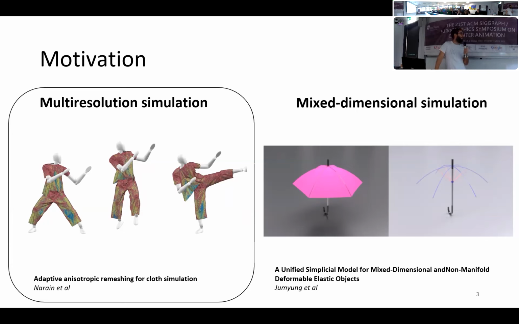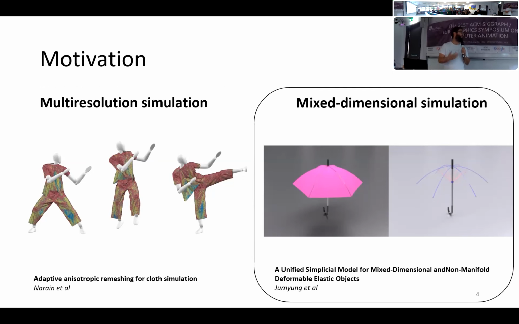Instead of putting a lot of elements all over the place, you can do like they do in this paper, where they dynamically introduce elements where they need it. The issue with this is that it's very suited for triangle meshes, but it's difficult to use, for example, in volumetric meshes.